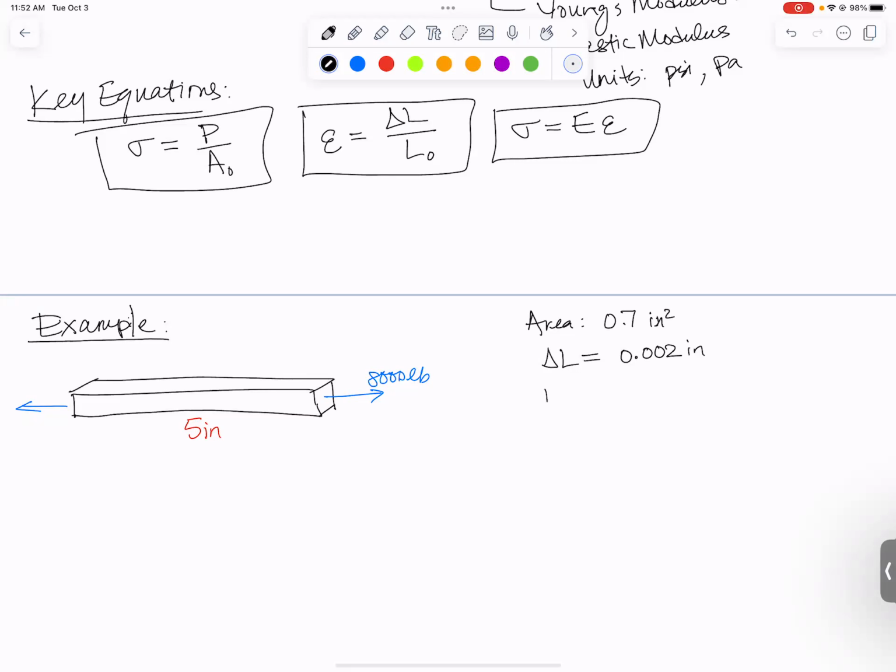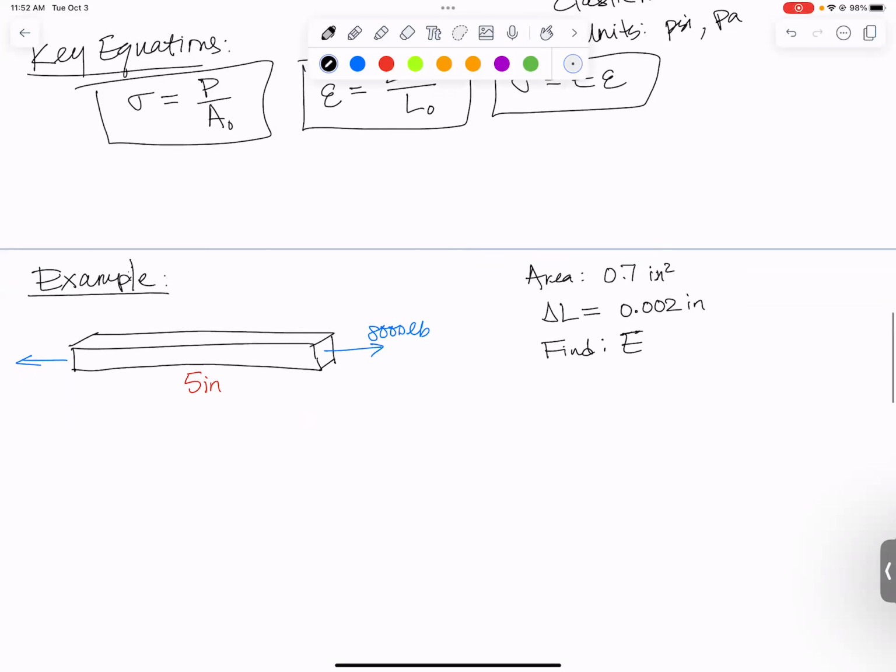And the problem wants us to find Young's modulus. Okay, feels a little backwards. Usually we know the material, we look up Young's modulus, but let's say we've got some new mystery material and we're in a lab and we're able to test it. And we take these measurements, now we can solve for E.